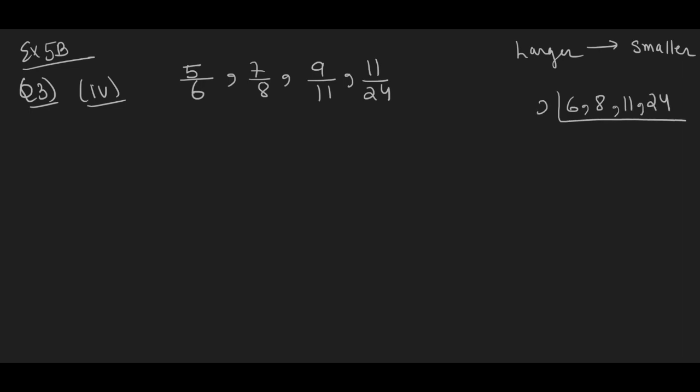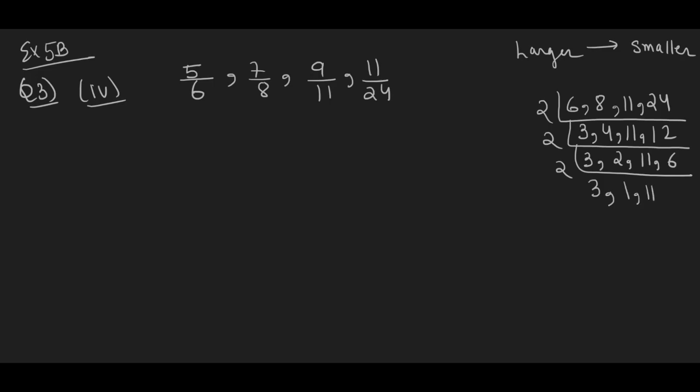Starting with 2: 2 3s are 6, 2 4s are 8, 11, 2 1s are 2, 2 2s are 4. Again with 2: 3, 2 2s are 4, 11, 2 6s are 12. Again with 2: 3, 2 1s are 2, 11, 2 3s are 6. Now with 3: 3 ones are 3, 1, 11, 3 ones are 3. This time with 11.